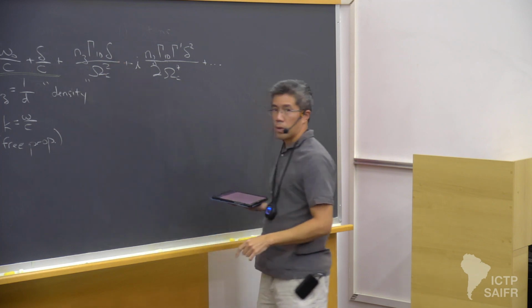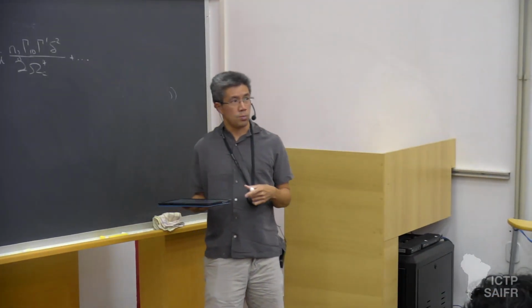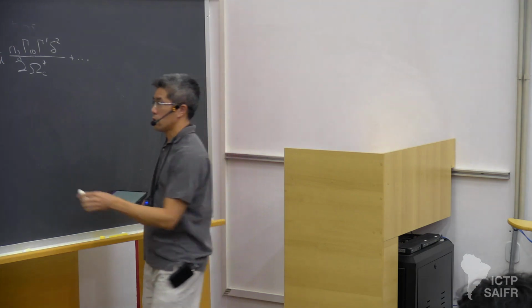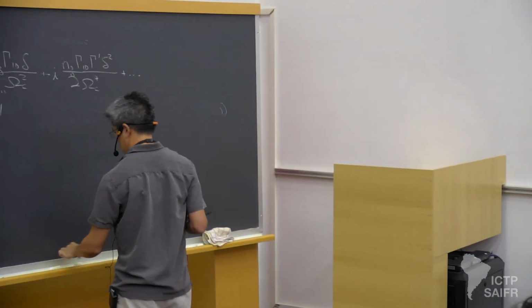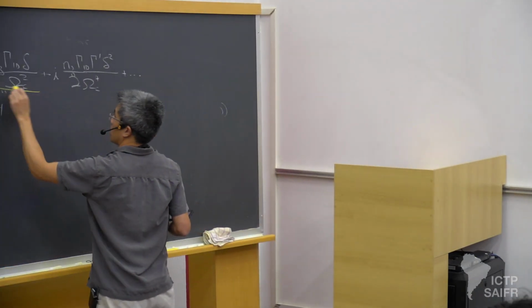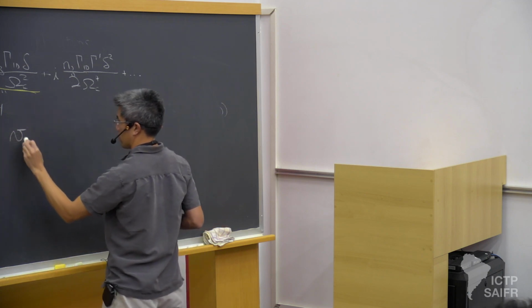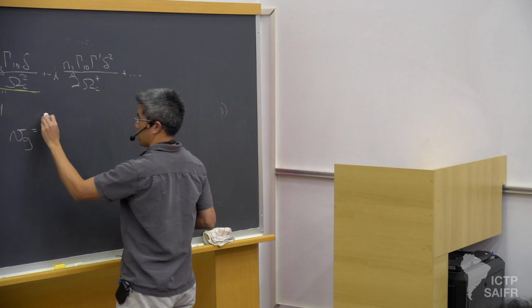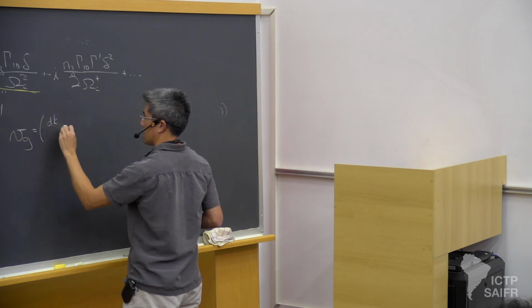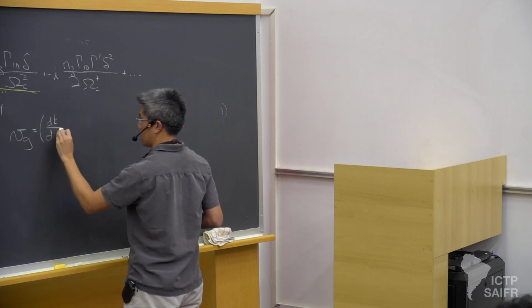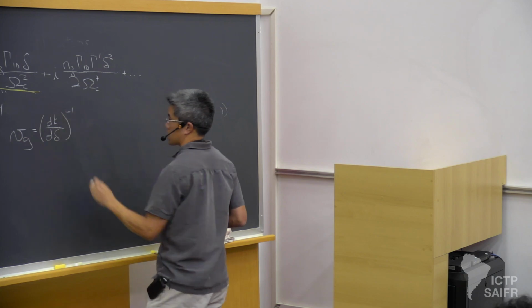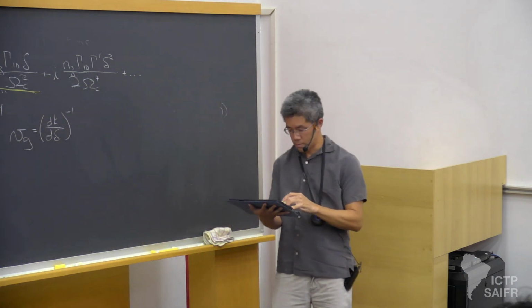The term that's proportional to delta gives me my group velocity. I can use this term to evaluate my group velocity, which is dk d delta, or the inverse of that.